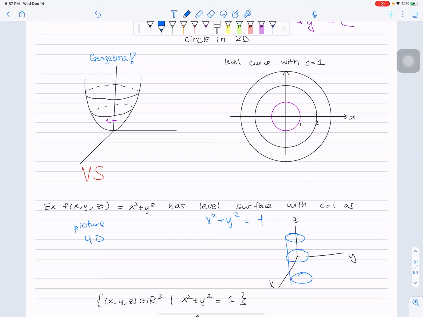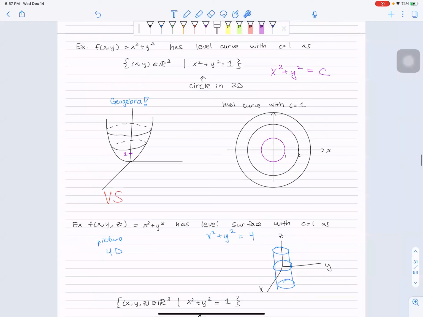And so in 3D, because we have 3 inputs, this function is going to have a level set that's actually a cylinder, not just circles. So with the same equation, x squared plus y squared, for different c you get a bigger cylinder, and all the level surfaces are cylinders of different radii.